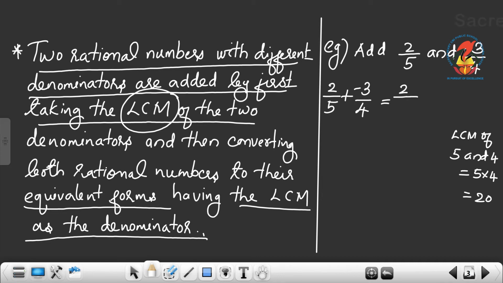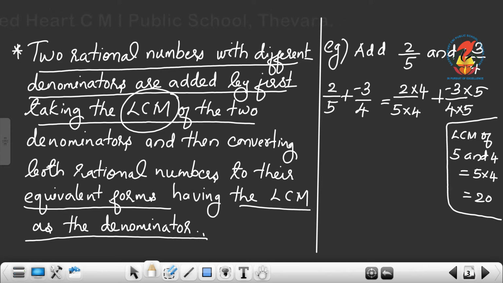How can we make it? For 2 by 5 you have to multiply by 4, so 2 by 5 into 4, and the denominator will become 20 for the first rational number. Plus the next rational number, negative 3 by 4. You have to multiply the denominator by 5, so the numerator also by 5. 2 fours are 8, then 5 into 4 is 20. So 8 by 20 plus negative 15 by 20.